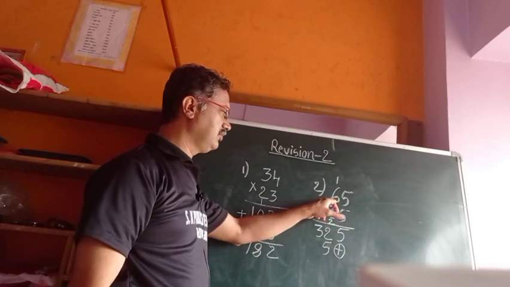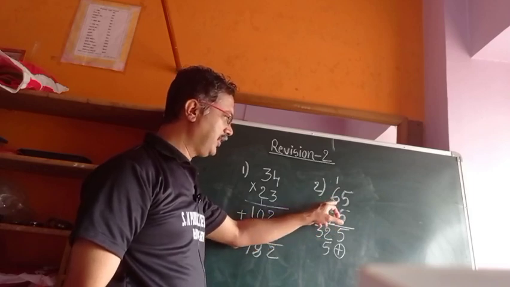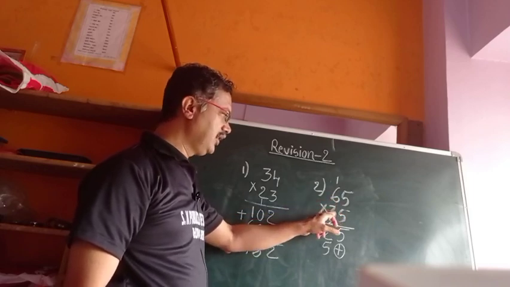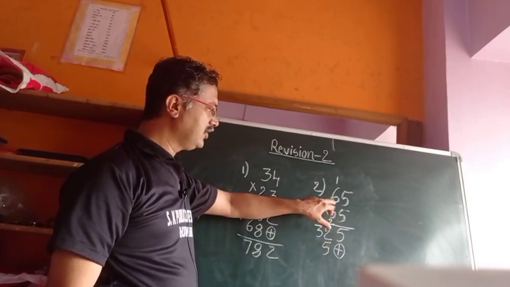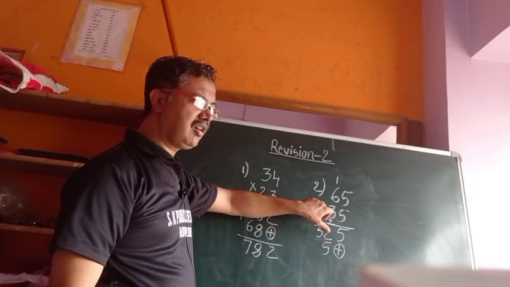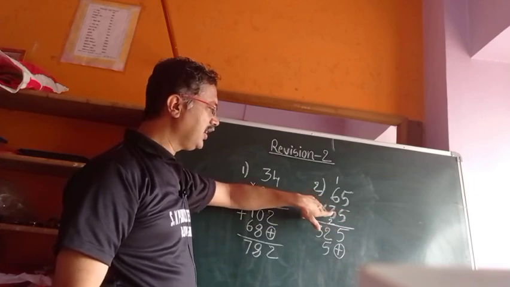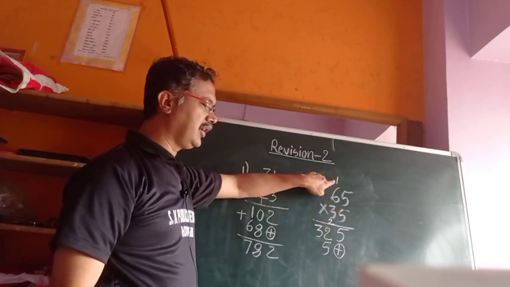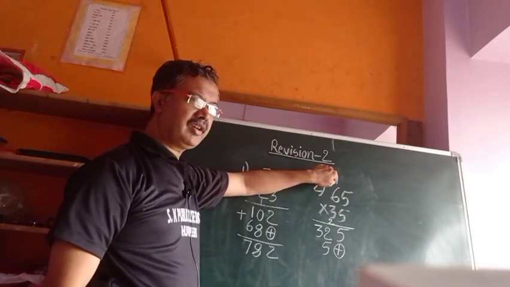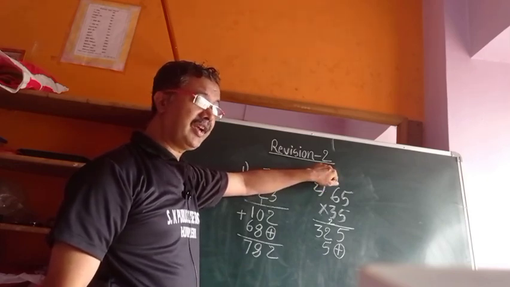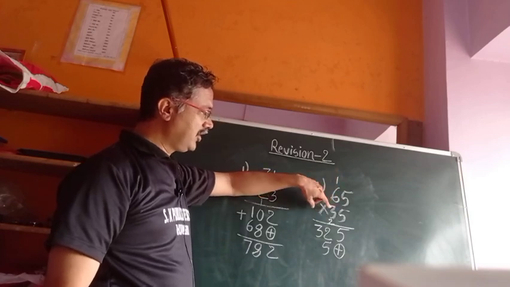Now we have to multiply this number. 3 6s are 18. 18 plus 1 upside is 19. Please remember, whenever carry forward is there, you have to add the numbers. Don't forget.